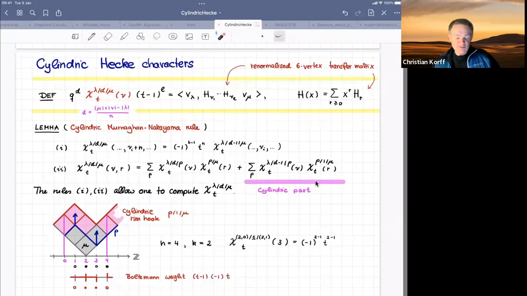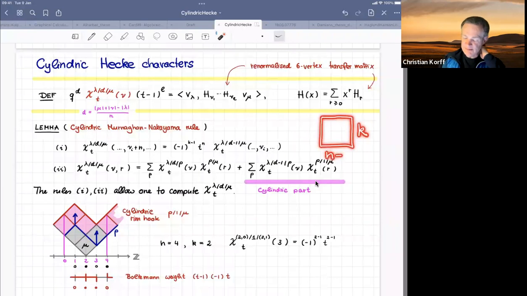And because everything is on a cylinder, I don't get any longer arbitrary partitions lambda and mu. My partitions lambda and mu now live in a bounding box. And the bounding box has 2 dimensions. One is k, the height, which is just the number of hydrogen atoms on the vertical edges. And the other one is n minus k, where n was the circumference. So my partitions lambda and mu now must lie inside this bounding box.